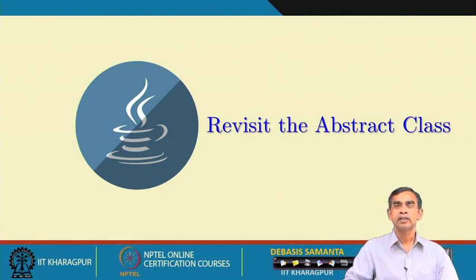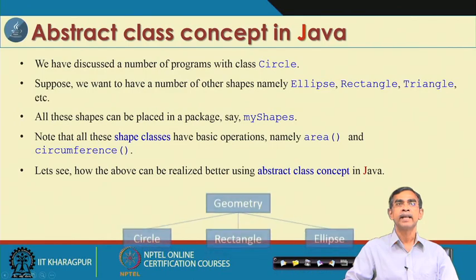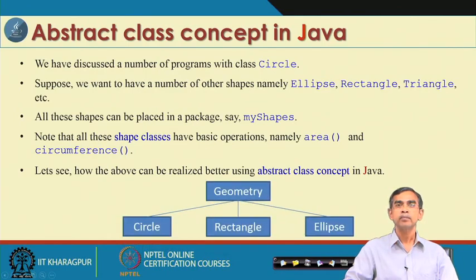The abstract class concept we have already discussed while discussing inheritance. A class can be declared as an abstract class, as we know, by using the keyword abstract. Now, let us consider a very simple example.